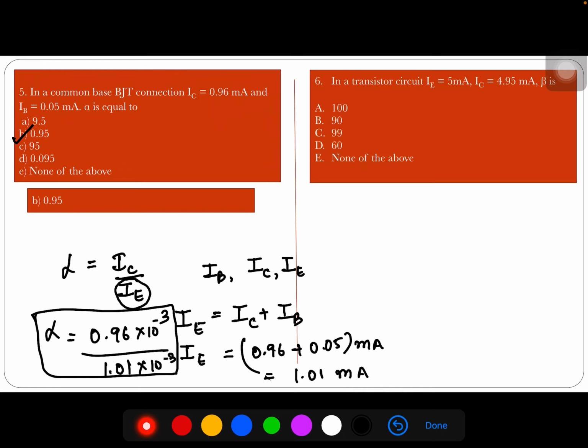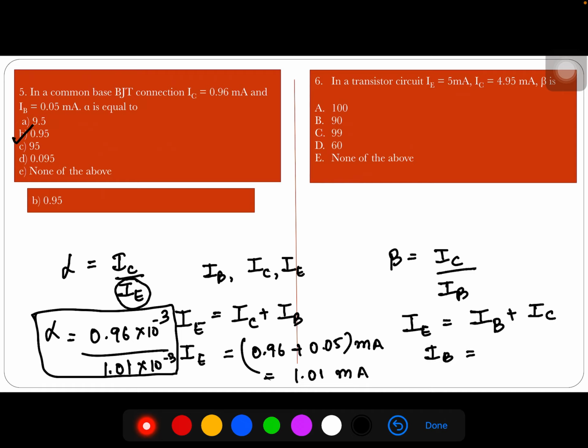Next question. In a transistor circuit, IE is given to you as 5 milliampere, IC is 4.95 milliampere and beta has been asked. So remember the formula of beta is IC upon IB. Now you need IB for this. If you are given two currents, you can easily calculate the third one by using the transistor current equation.